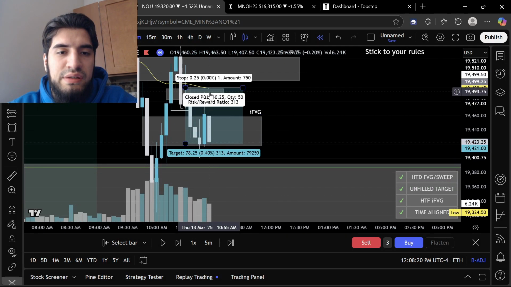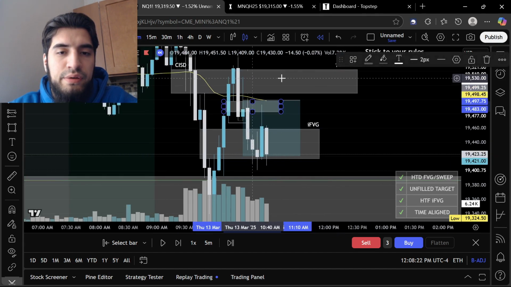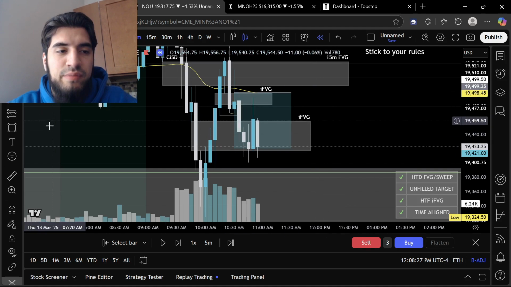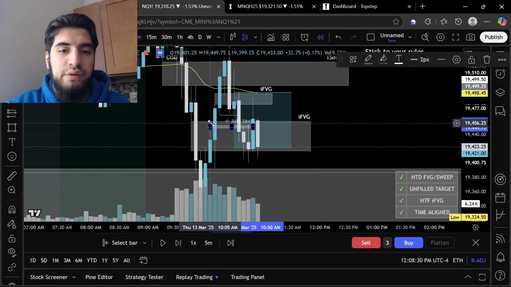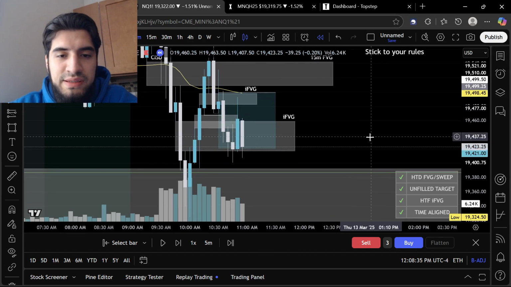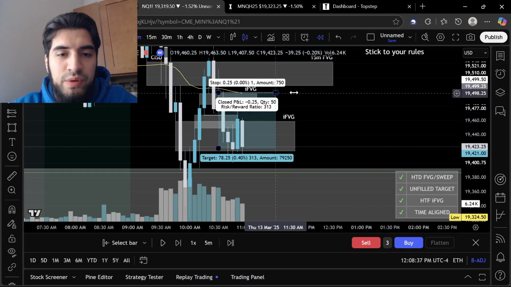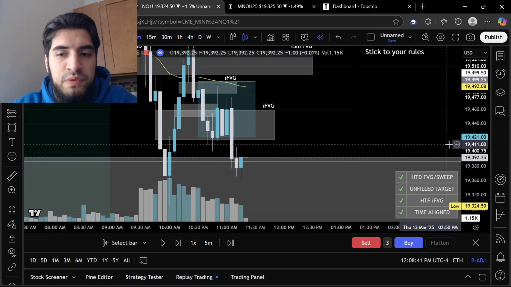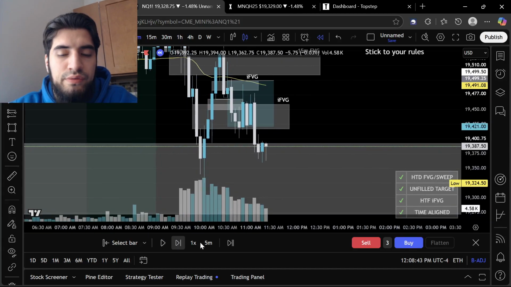We ended up inversing this 5-minute over here, and then we inversed the second 5-minute over here. So this trade looked pretty good as well, but I did not end up taking it. Both of the 5 minutes got inversed and we got a little retrace all the way back to the IFEG, and then we pretty much dumped for the rest of the day.